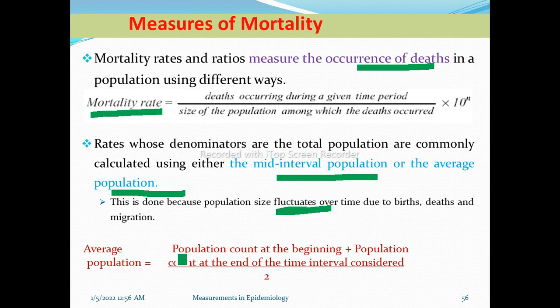Average population means the population at the beginning plus the population at the end of the time, over 2. If you follow for 1 year, you take the beginning and the end of the study time, divide by 2, and you get the average population, or the mid-interval population in the case of rate.